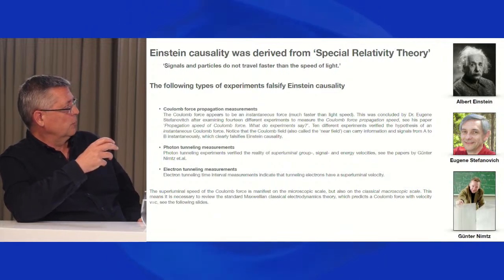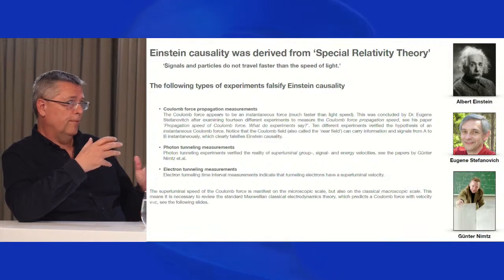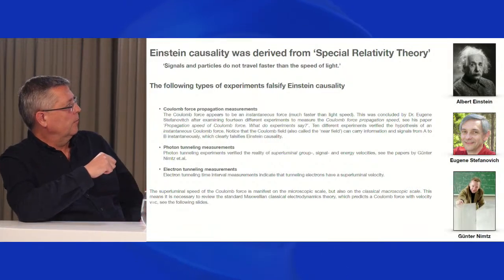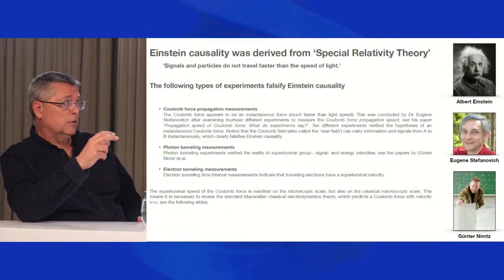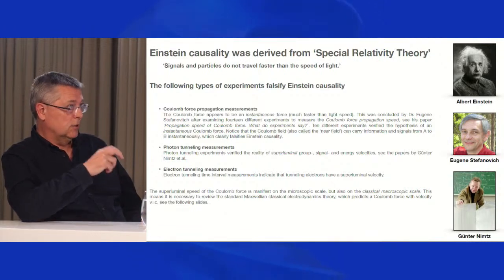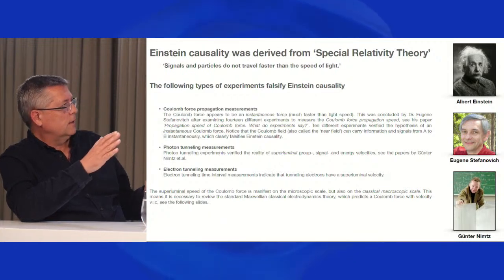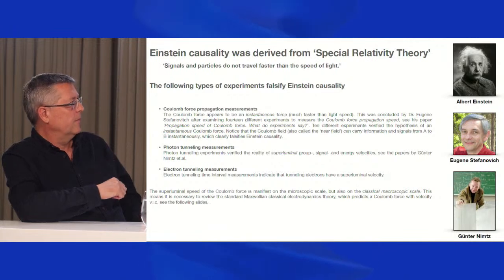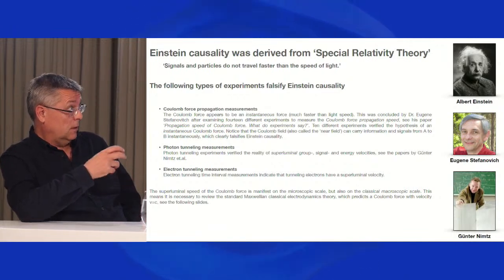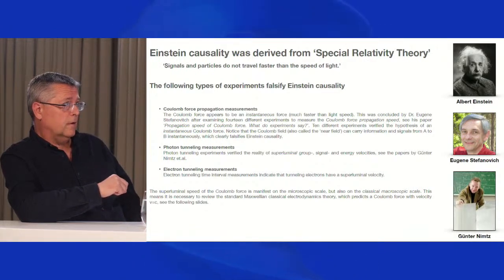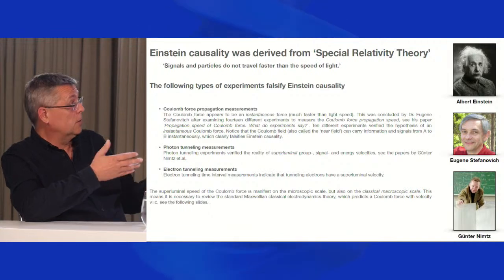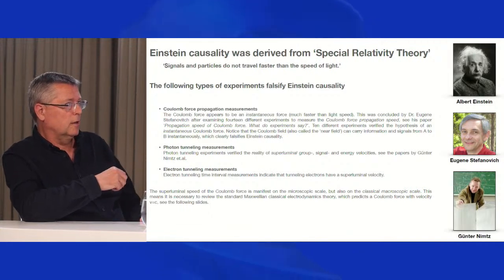And these measurements show that the Coulomb force, which is also in Weber's law, by the way, is very much faster than the speed of light, is instantaneous. About 10 different types of experiments showed that this is the case. So this is clearly in violation of Einstein causality. That does not mean that causality itself is violated, but anyway, Einstein's idea about causality.